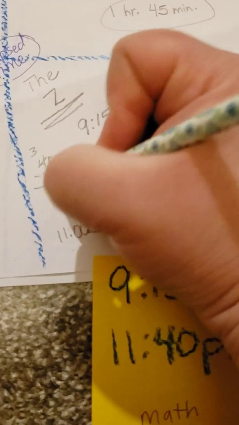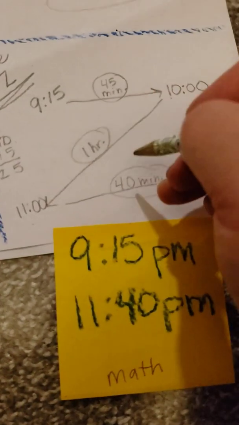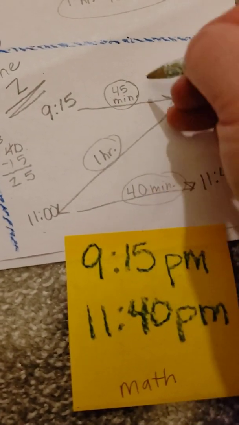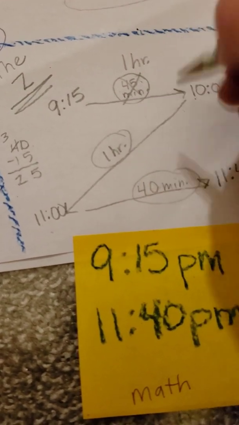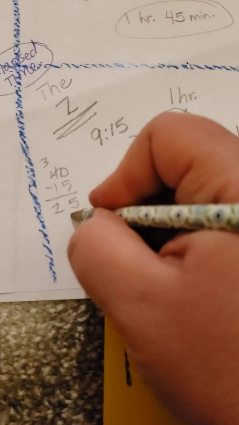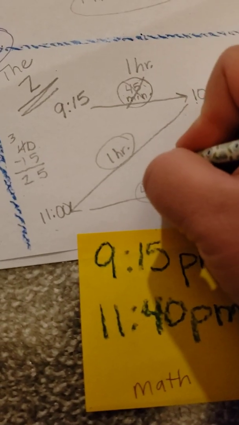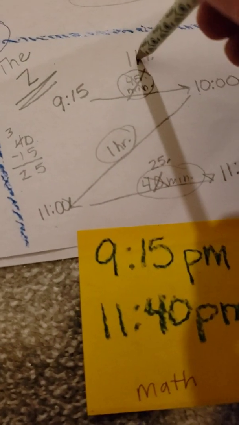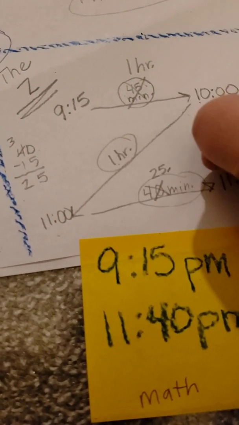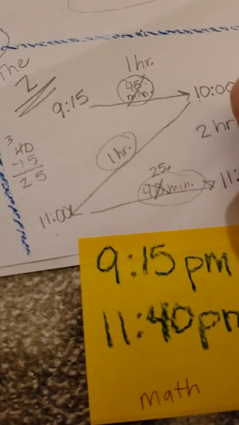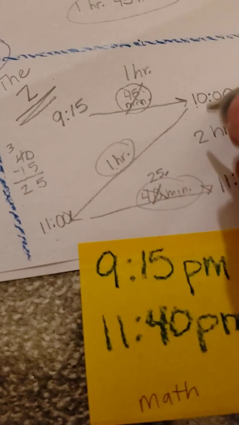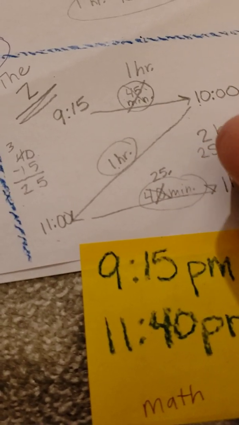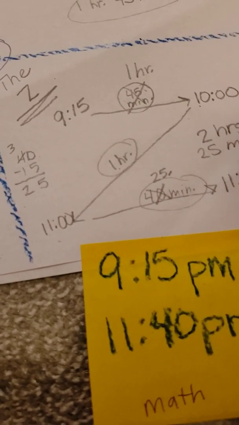So if I add 15 minutes from here, that would make this a whole hour, and that would turn this into just 25 minutes. Now I've got 2 hours. Ooh, I'm writing all over the place. This is good math when you know you're writing all over. And 25 minutes. That's how long I was working on things.